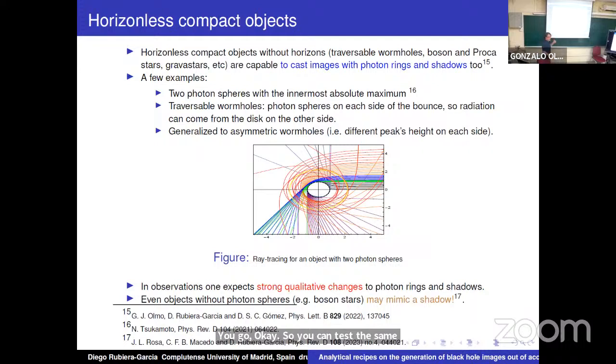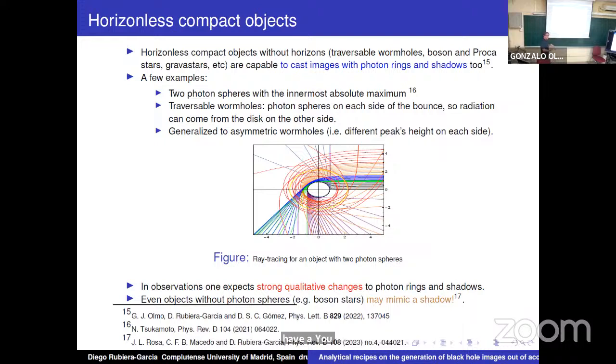If the thing has a single photon sphere, more or less it is going to display similar features as a black hole. If it has different things like two photon spheres or two sides or an internal region that can reflect radiation, things are going to be very different. But as I advanced before, even if you don't have a photon sphere, you can tune your objects or the parameters of your objects to mimic a shadow.